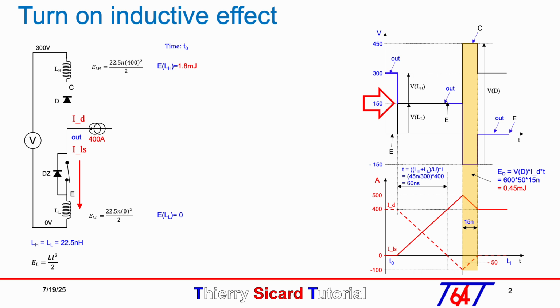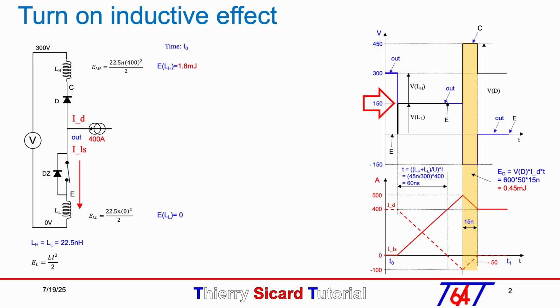The energy in diode D is given by the equation ED equal VD times ID times T. Since the average current in the diode is 50 amp, meaning 100 amp divided by 2, the energy is equal to 0.45 millijoule, indicated by the orange area for 15 nanoseconds.